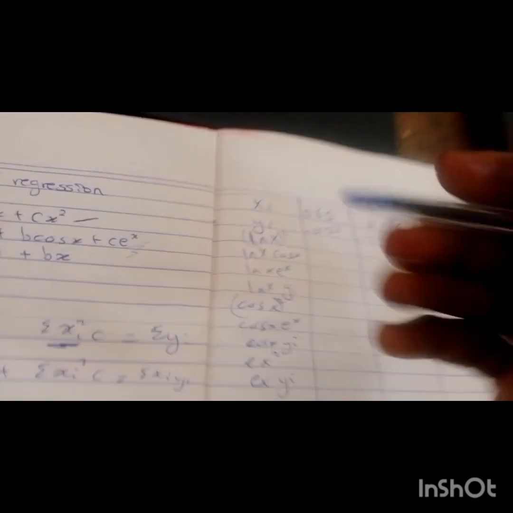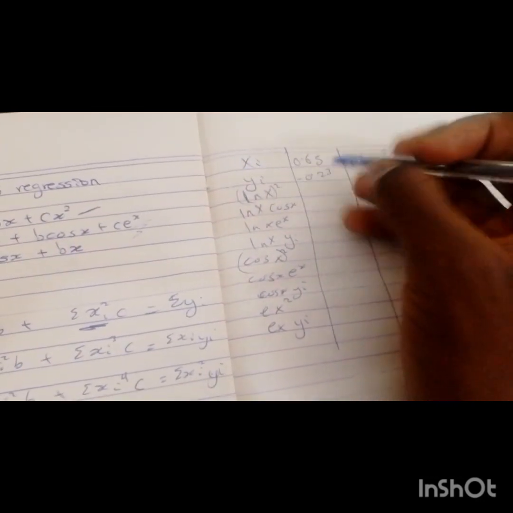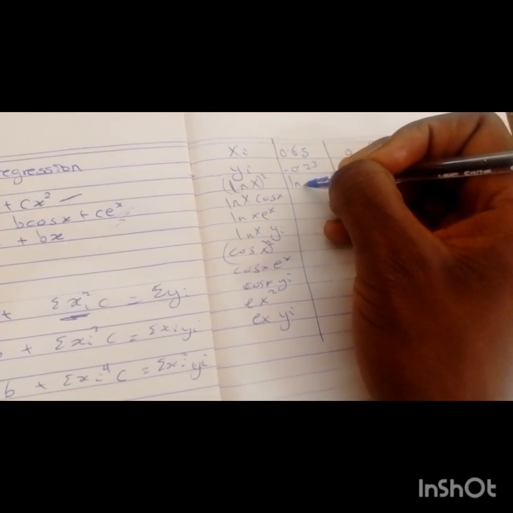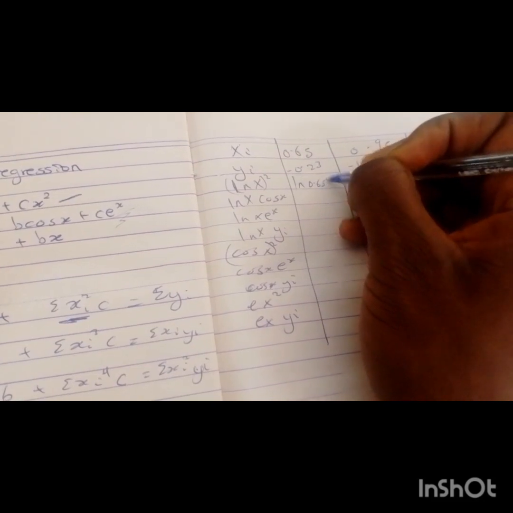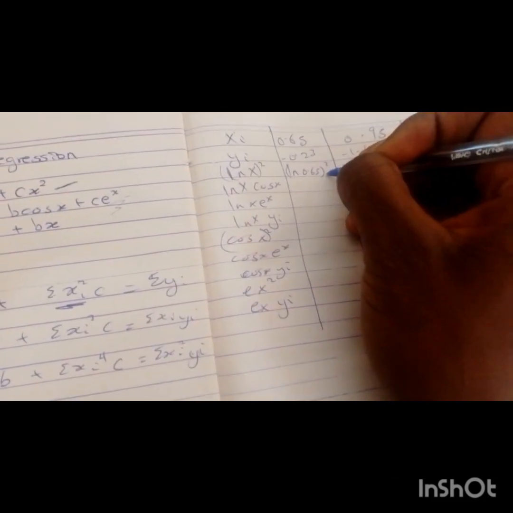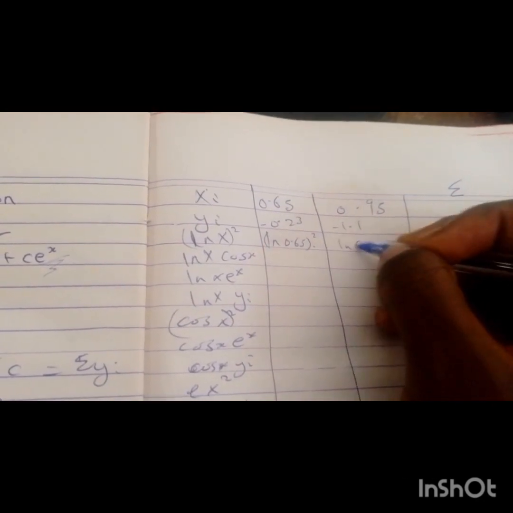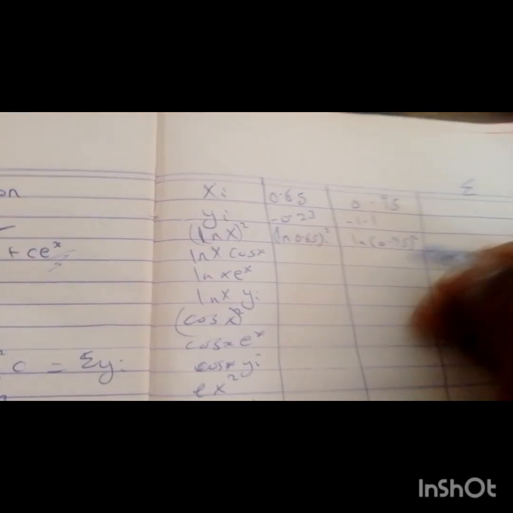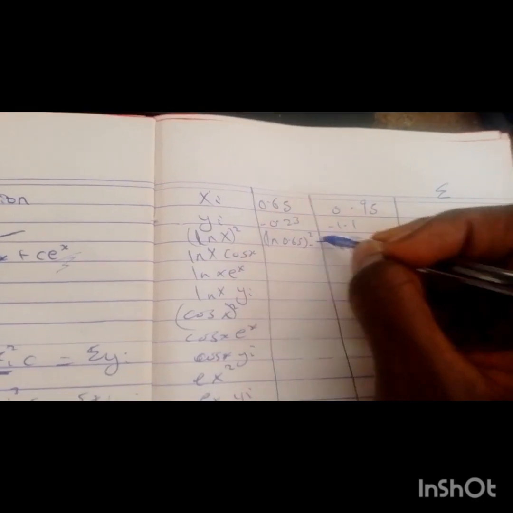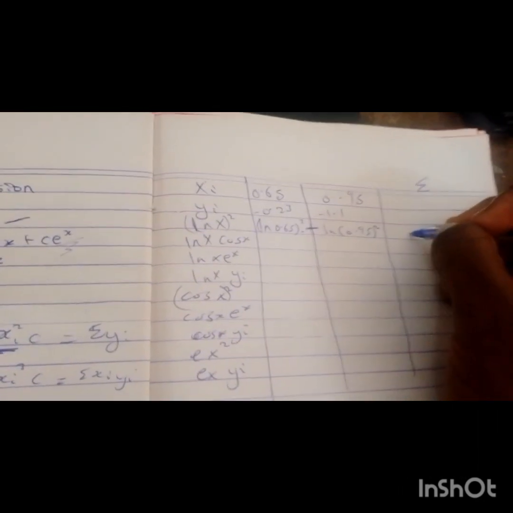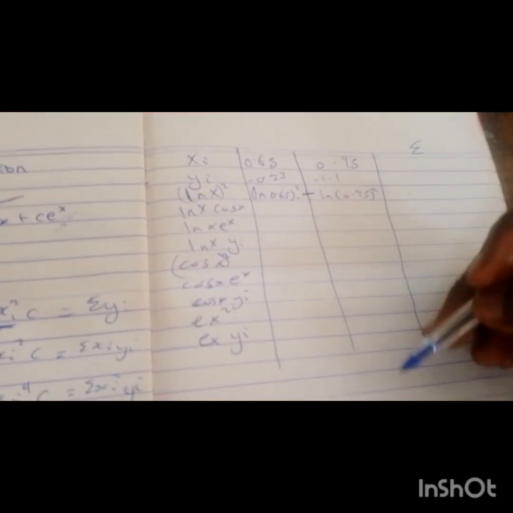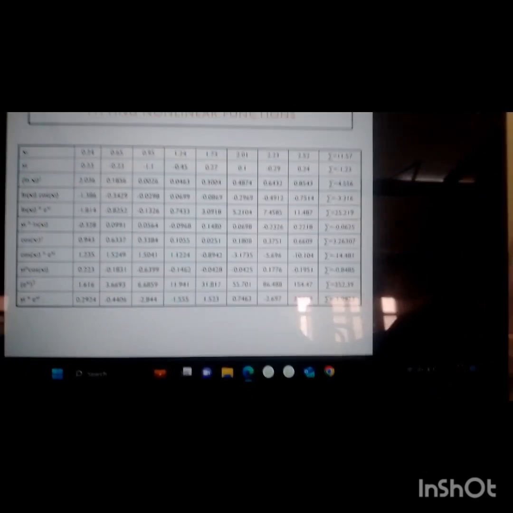So here you have ln of 0.65 squared, a particular value, and then you have ln of 0.95 squared. When you're done, you add these two, put the value here, then you do the same thing for everything. When you check in the slide, that's about 43 there.